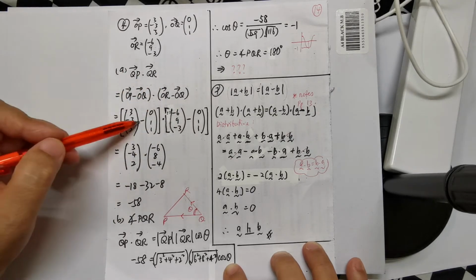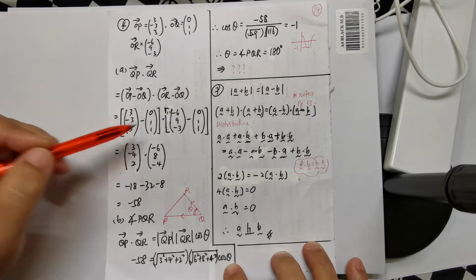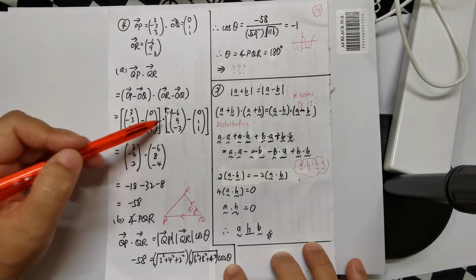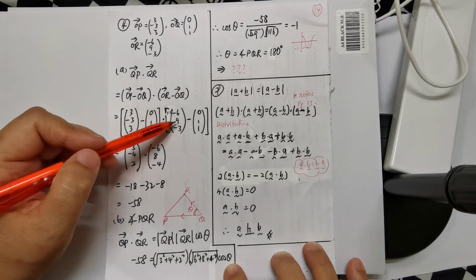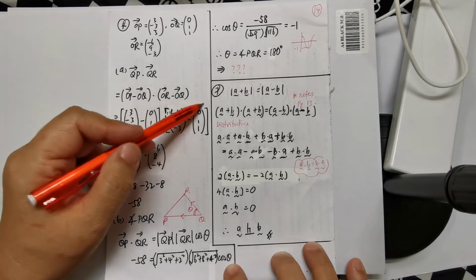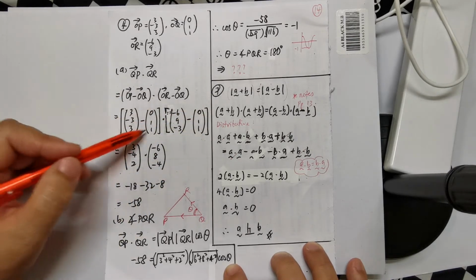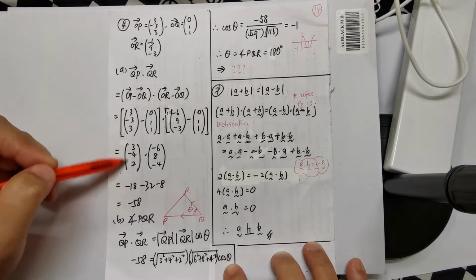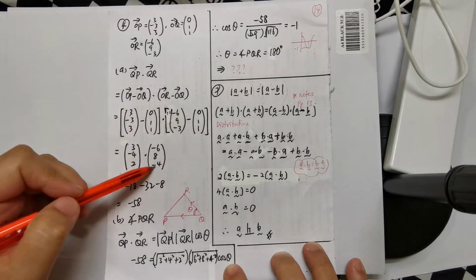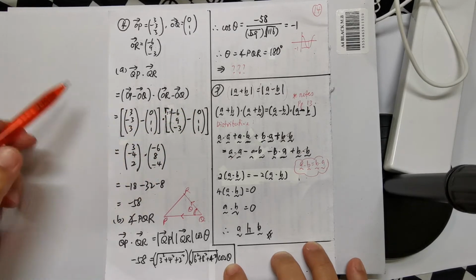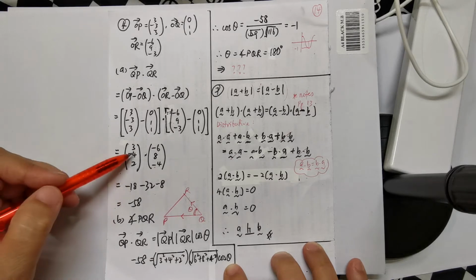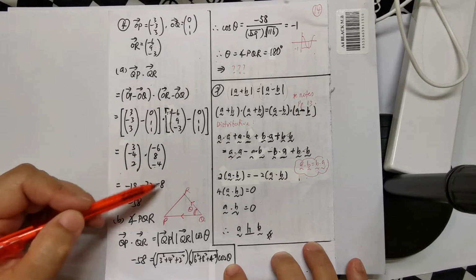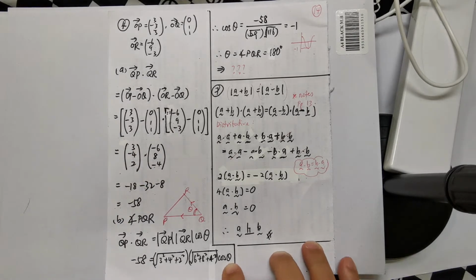So this is OP minus OQ. This is QP. Dot. This is OR minus OQ, so this is QR. All right, so this is minus only. So minus, you get this thing. This one also minus, you get this. Now you do the scalar product. So negative 18 minus 32 minus 8. So the answer is negative 58.